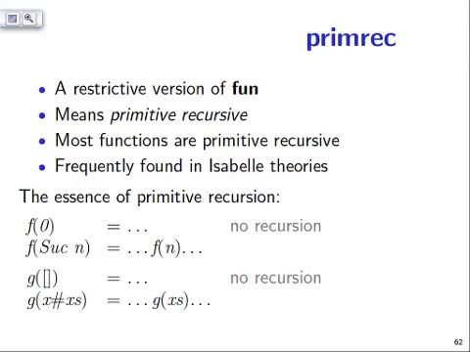What is primitive recursion for lists? Well, here again you have a base case where you have no recursion for the empty list. g just delivers some fixed result for the empty list. And if you have a list of a cons, an element and a rest list, then the recursion will go onto the rest list. So primitive recursion means that whatever your data type looks like, in the recursion equation, you just peel off the topmost constructor.